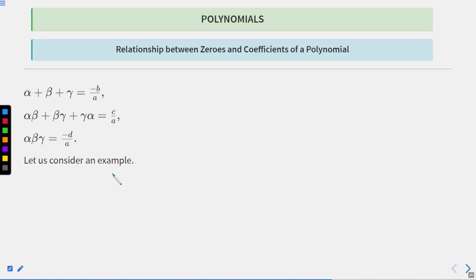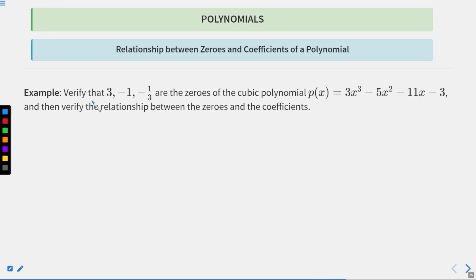Okay, so now let us explore some more examples. Here we have to verify that 3, minus 1, and minus 1 by 3 are the zeros of the cubic polynomial p of x equal to 3x cube minus 5x square minus 11x minus 3, and then we have to verify the relationship between the zeros and the coefficients.